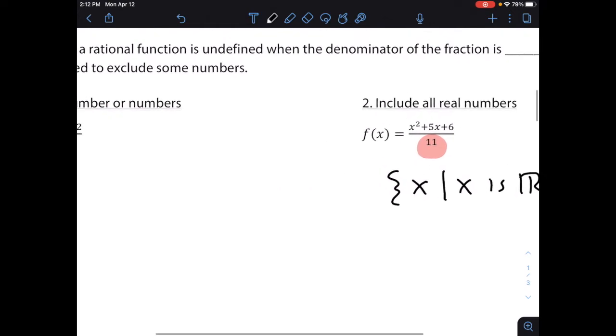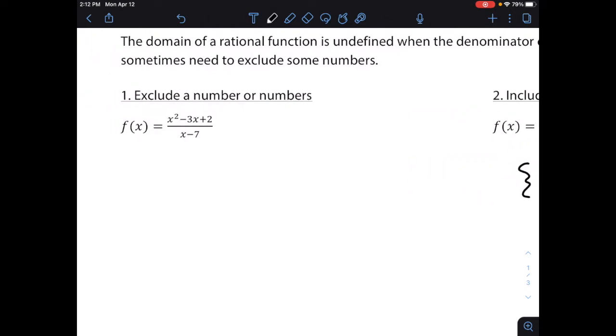But in the first example, since I have a variable in the denominator, if I plug in the number 7, I end up with 0 in the denominator. And I don't ever want 0 in the denominator.